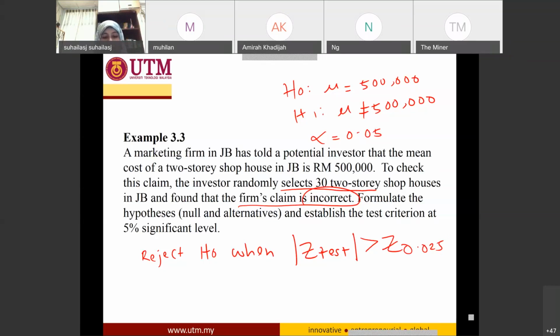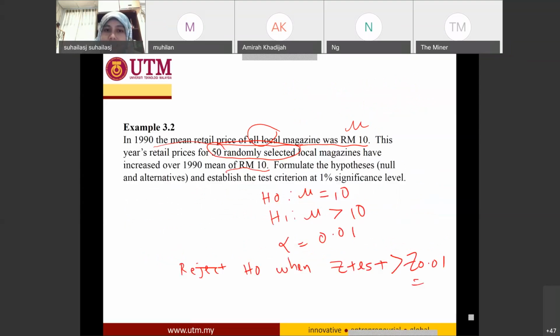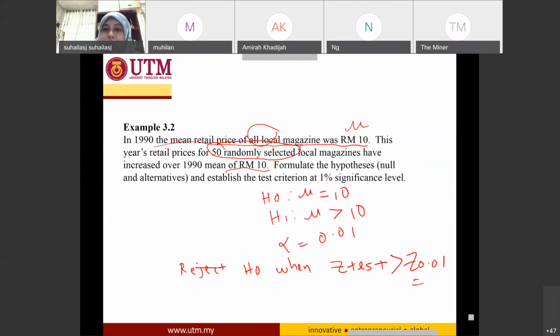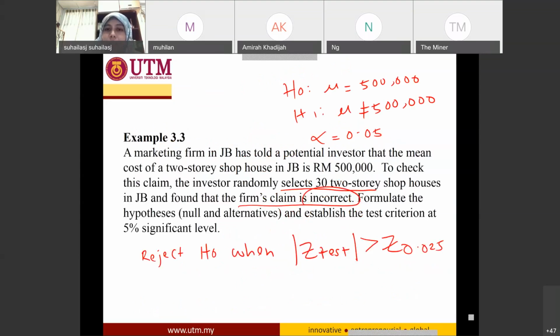Okay, kita formulatekan dia punya hypothesis and construct dia punya test criteria dia. Boleh ya? So kalau yang tadi tu dia ada less than, so clearly mu less than. Increase mu greater than, and then one-sided test. So this one, we have the firm claim is incorrect. So we have modulus signs lah. Reject H0 when modulus Z test is greater than Z alpha over 2.